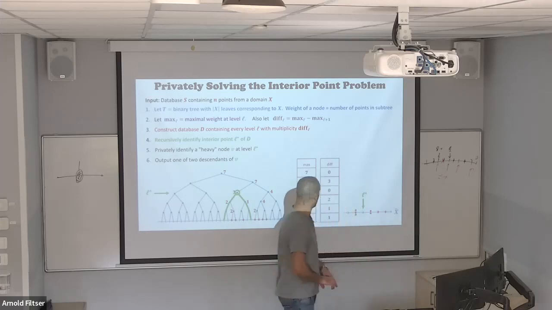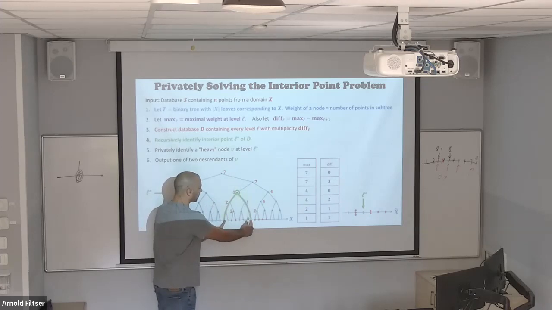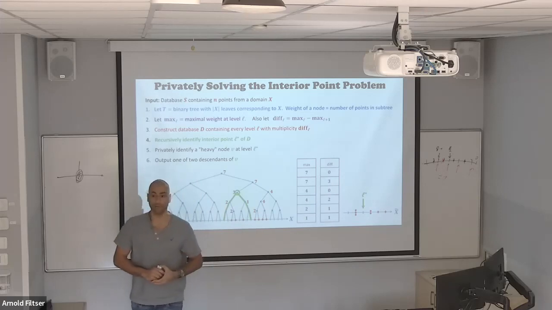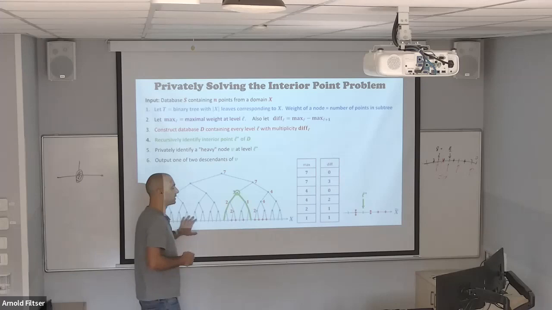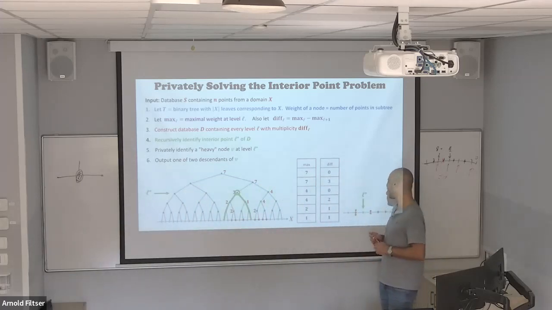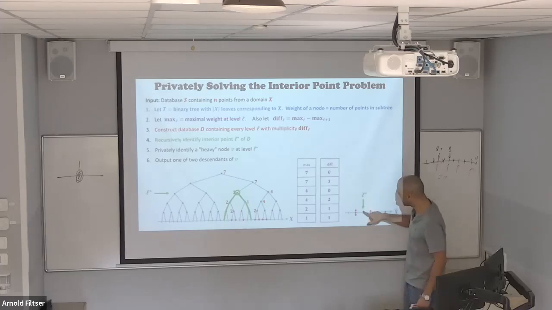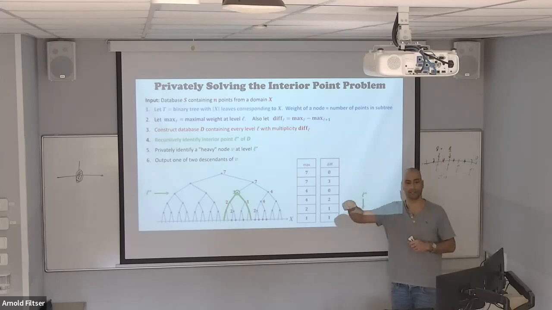Okay, so once I got this green node here, I look at its two leftmost and rightmost descendants in the tree. I claim one of them is going to be a valid interior point of the original data set. Why is that? Let's assume for simplicity that it's a deep interior point, not right at the edge.